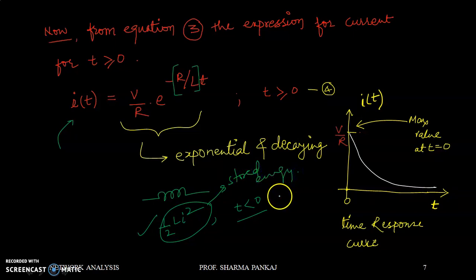And the rate of dissipation through the resistor is I square R. Through the resistor it gets dissipated and appears in the form of heat, that is I square R multiplied by t. This is your energy in joules.